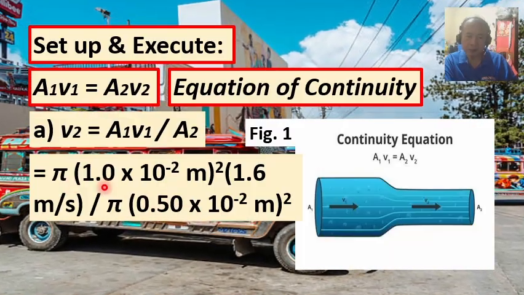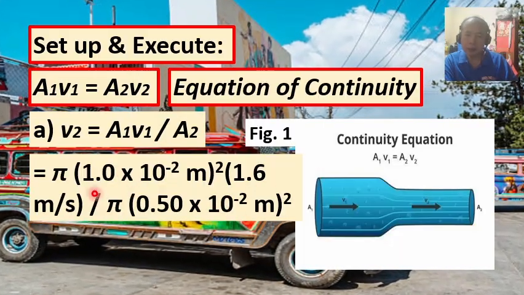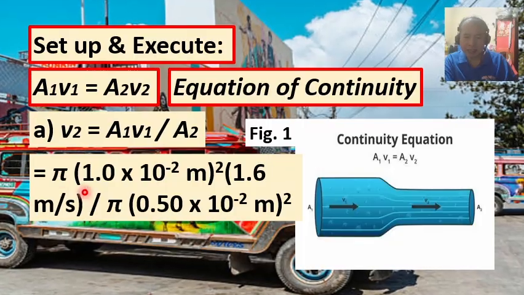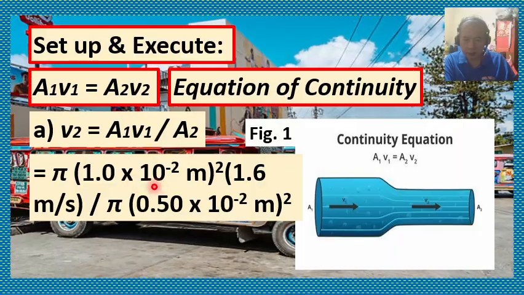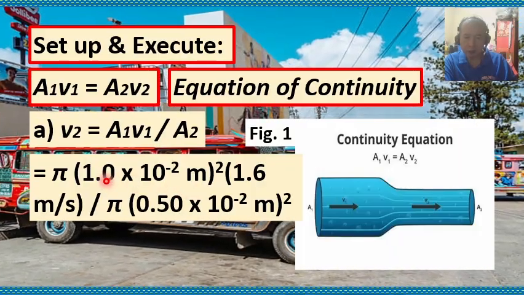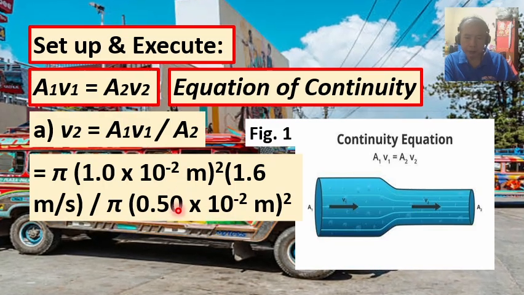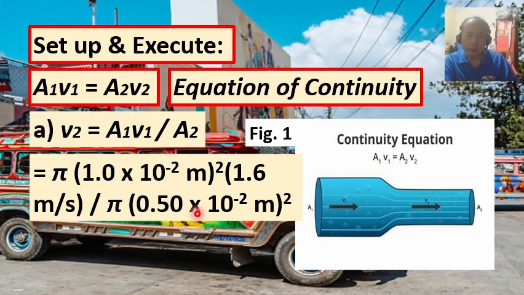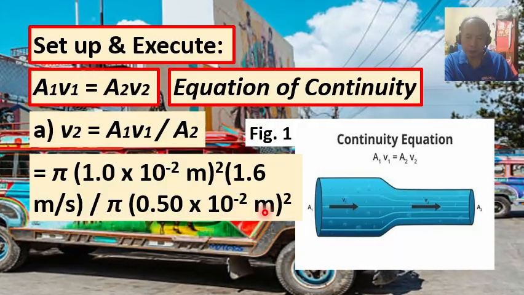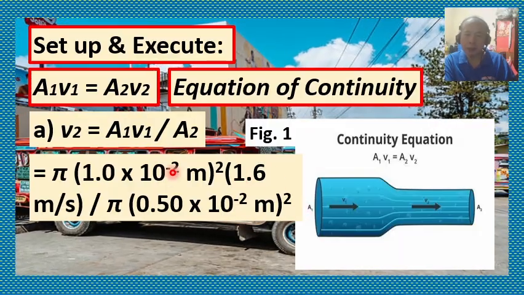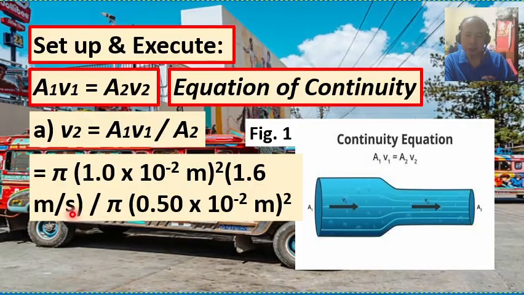The value of pi is canceled, and then we divide 1.0 times 10 raised to the negative 2 squared by 0.50 times 10 to the negative 2 squared, and multiply their quotient by 1.6 meters per second.